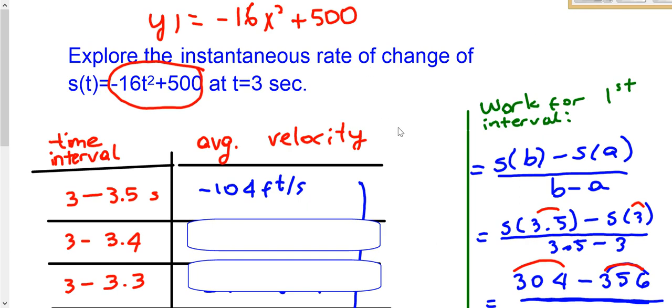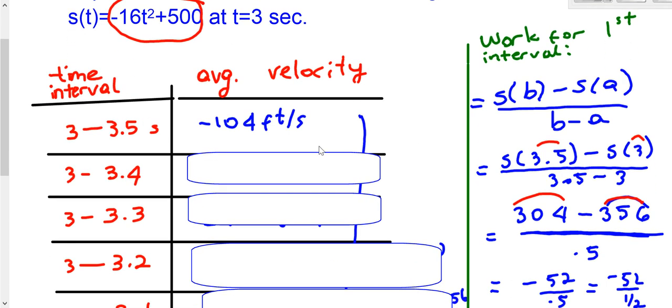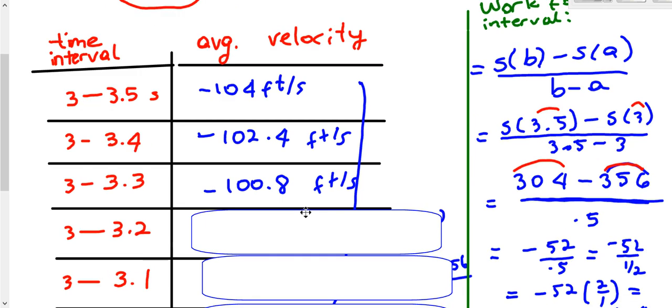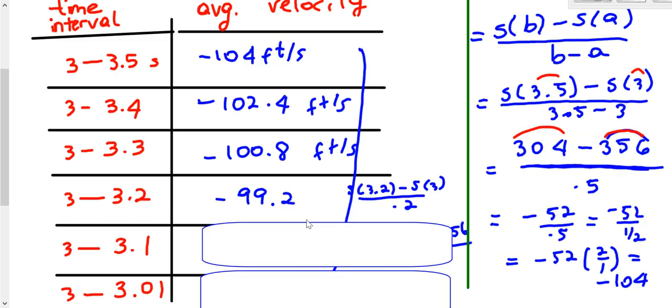Okay, spoiler alert, I'm about to give all the answers, so hopefully you had a chance to think about this a little bit and fill in the table. So let's take a look. If you did 3.4 instead of this, and this will still be 3, the bottom will be 0.4. If you did that ratio, you should have gotten negative 102.4. Next one, I got negative 100.8.